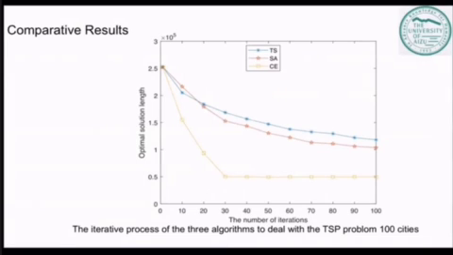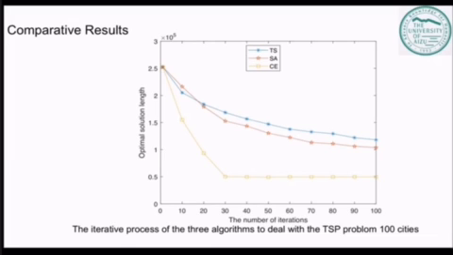As shown in the figure, these are the results obtained when the three algorithms deal with the TSP problem with 100 cities. The broken line in the figure represents the change process of the current optimal solution as the number of iterations increases during the operation of the algorithm.